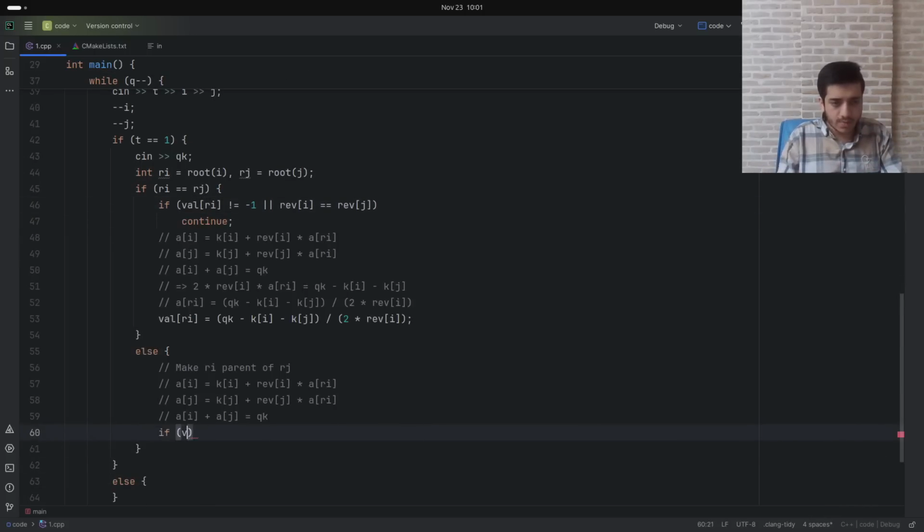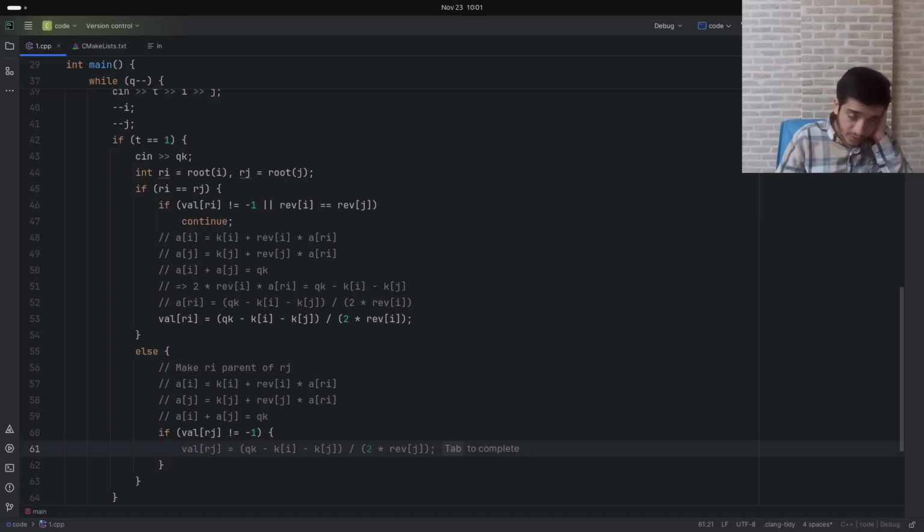Okay, if we know the value of Rj, we need to find the value of Ri2.